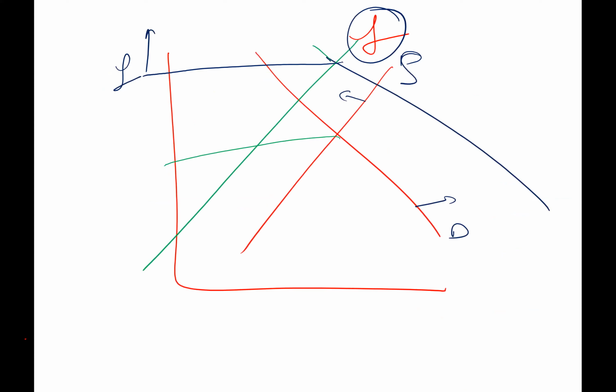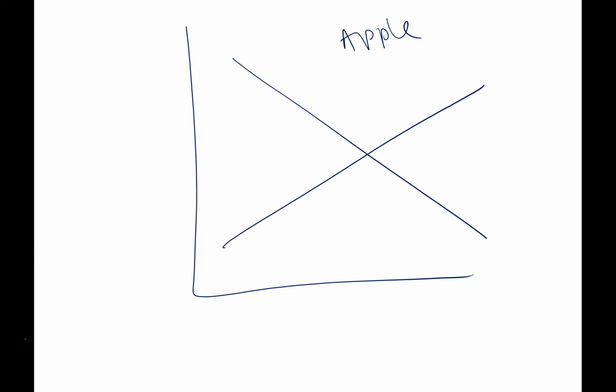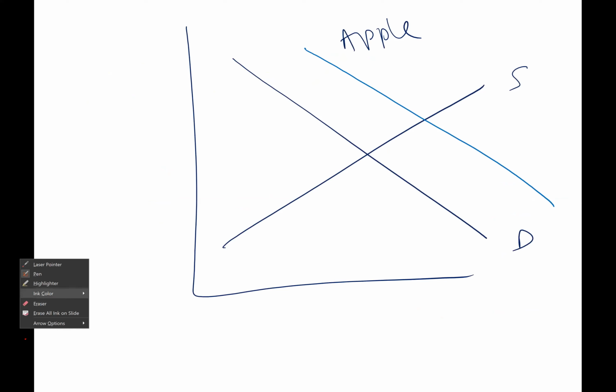Or if you don't understand, let me just review the product market. For example, this is Apple. This is demand for Apple, this is supply for Apple. Now what happened? Demand of Apple increased while supply of Apple decreased.